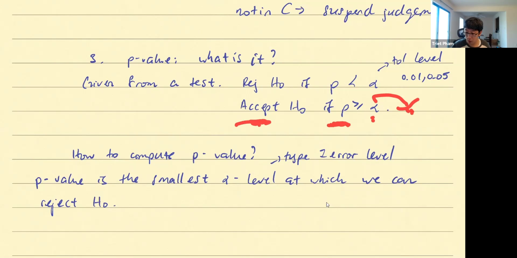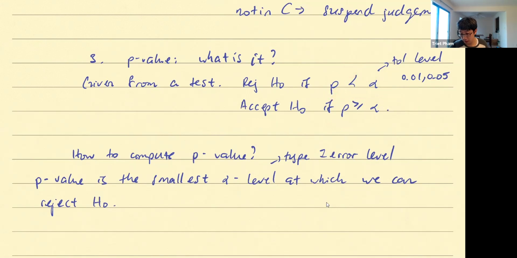That's why it's consistent. Conversely, same thing here. p is the lowest you can reject. Alpha is your tolerance. You say you want your type 1 error to be below alpha, but because p is the lowest type 1 error at which you can reject, that gives you some room. So yes, you definitely can reject here, because your type 1 error will be below alpha.